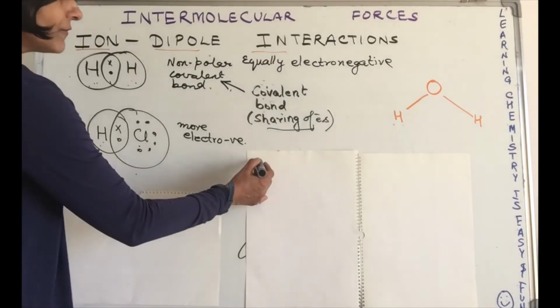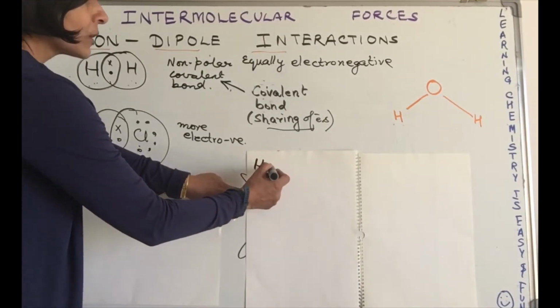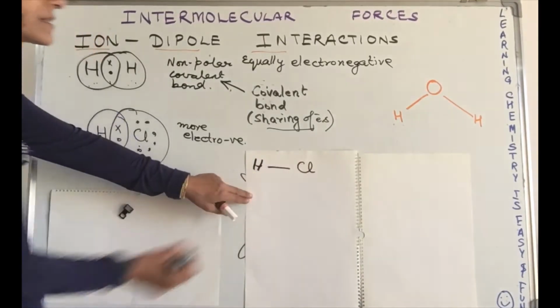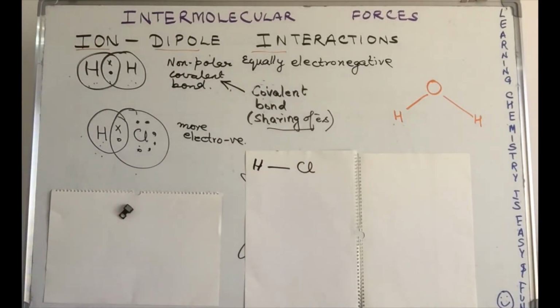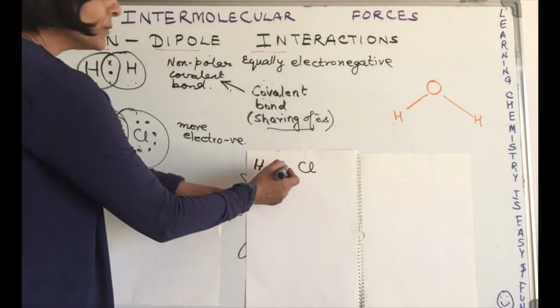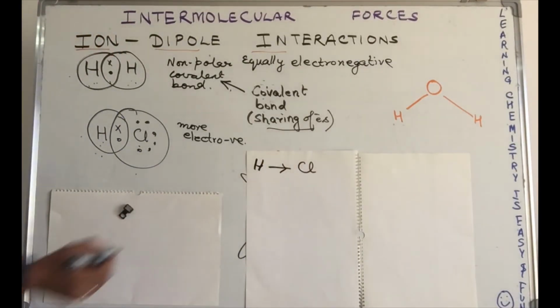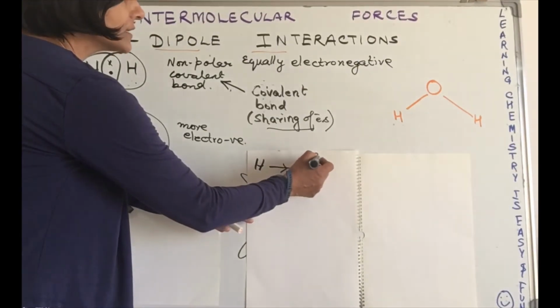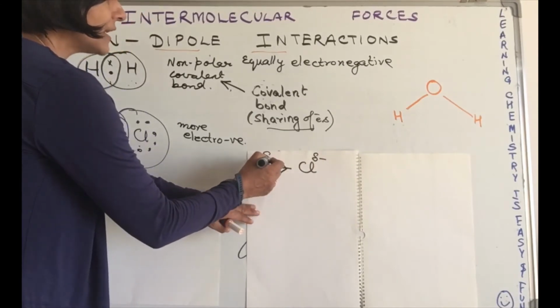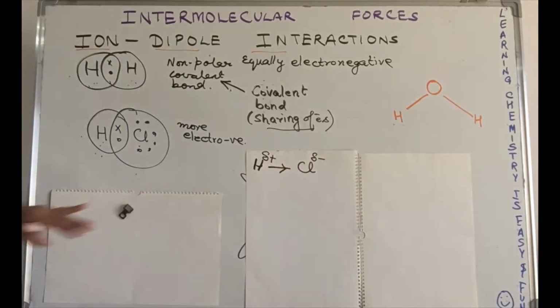So we will have hydrogen, chlorine. This is how we represent the single covalent bond. Chlorine pulls the shared pair of electrons towards itself, with the result that it acquires a partial negative charge, whereas hydrogen acquires a partial positive charge.